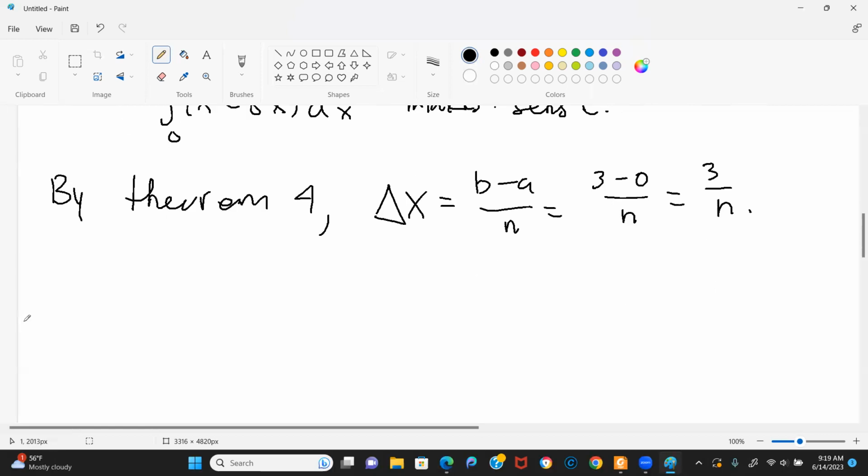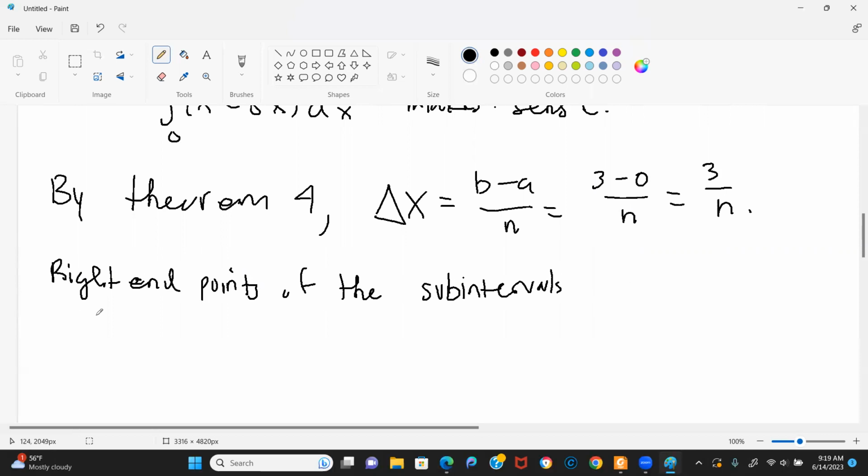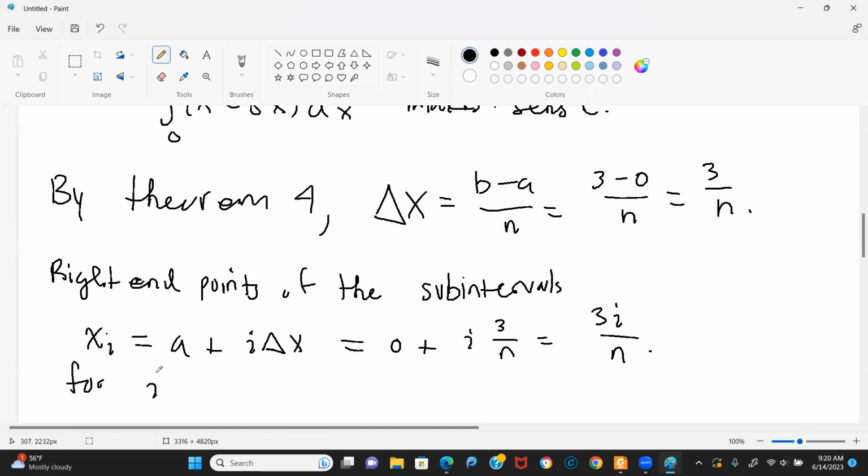And then the right endpoints of the subintervals are going to be xi, which is going to be a plus i delta x, but a is 0, and then we have i times delta x, so 3 over n. So it's just going to be 3i over n. That's how you're going to describe it. And this is going to be for i between 1, 2, and all the way up to n.